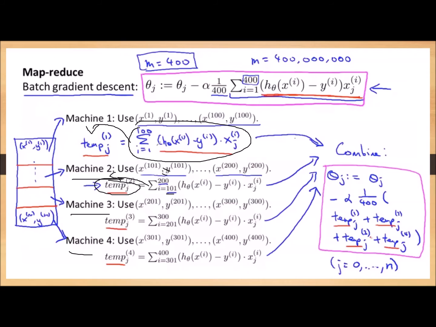For the first 100 samples the first machine, next 100 the second machine, next 100 the third machine, next 100 the fourth machine. Now these 4 machines are calculating the summation parallelly. Remember, here we are not going step by step. Here we are using 4 machines, and they calculate the results parallelly.